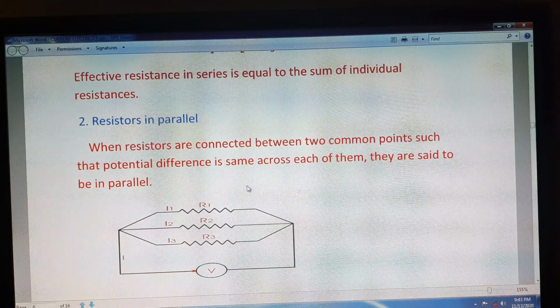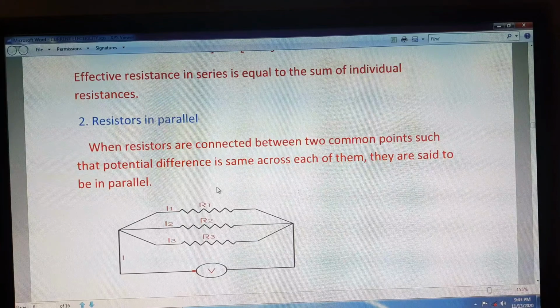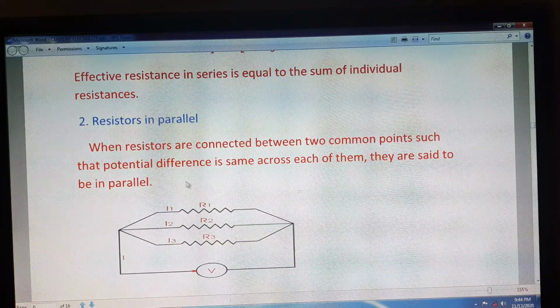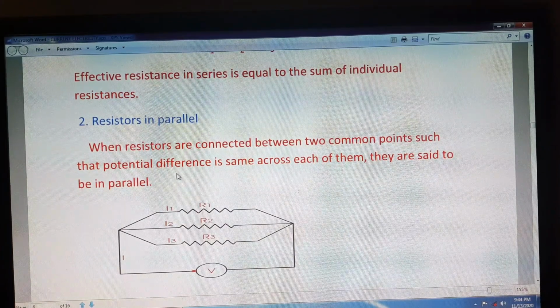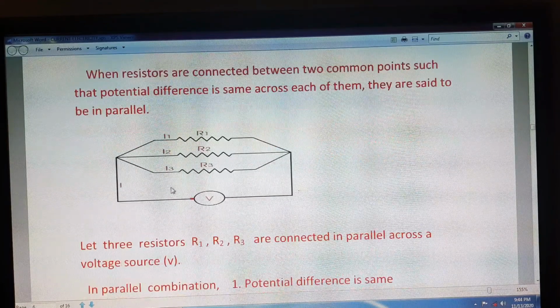In the series combination, the electric current will be the same, but the potential difference is different. In this manner, the potential difference is the same, but the electric current is different. So the two common points, across which the potential difference is the same, are said to be in parallel connection.